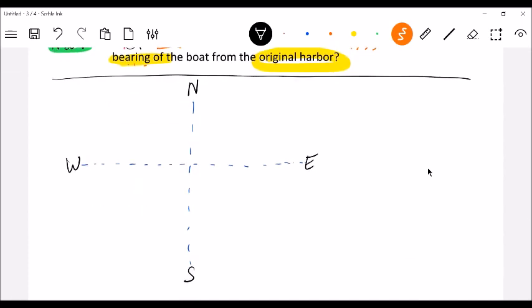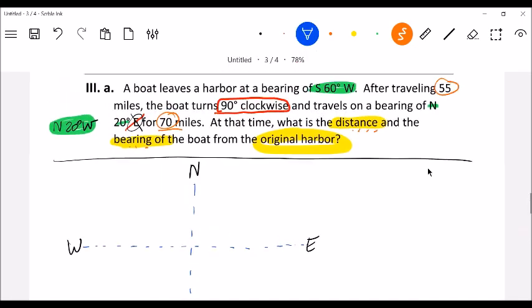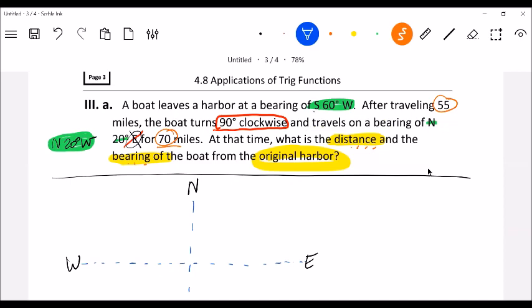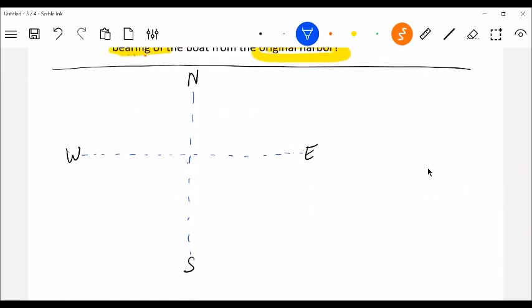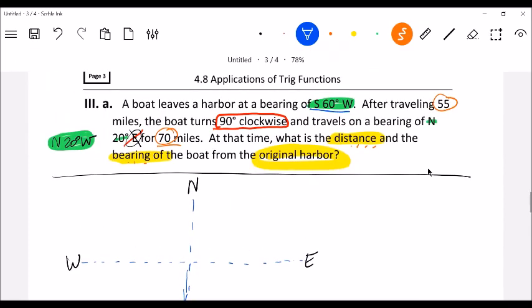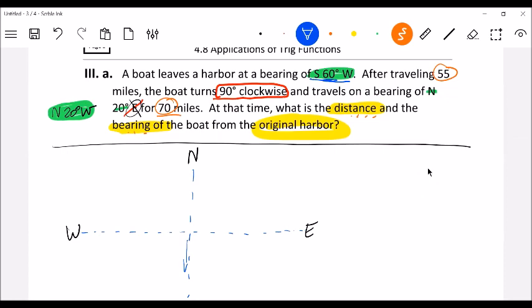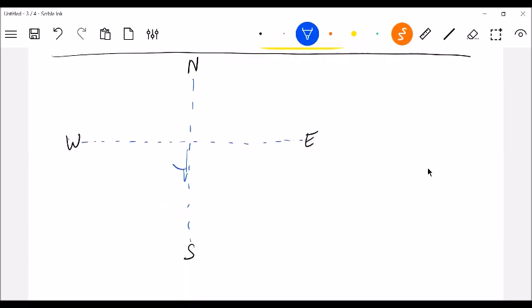So using that, I'm going to start with south 60 degrees west. That means going down towards south, but then moving towards the west this 60 degrees. So that means going this way, 60 degrees, because that's towards the west.